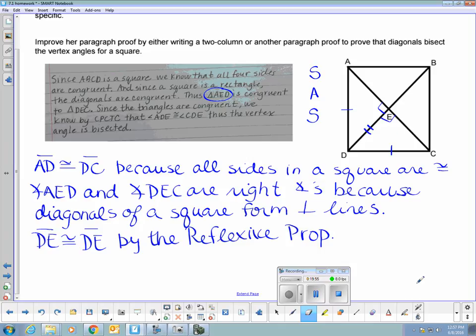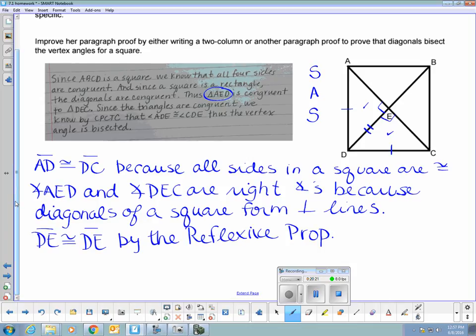In looking at the proof, I have angle side side, and I know I can never use angle side side as a way to prove that triangles are congruent. But because I have right angles, I can say that these two triangles are congruent to each other by hypotenuse leg. Because they're right triangles, they have one pair of hypotenuses that are congruent and a pair of legs that are congruent.